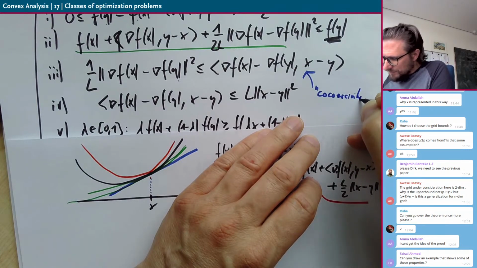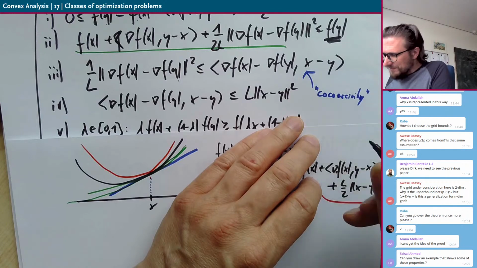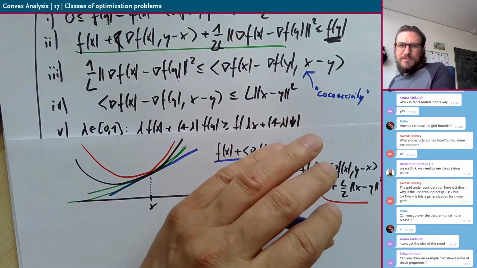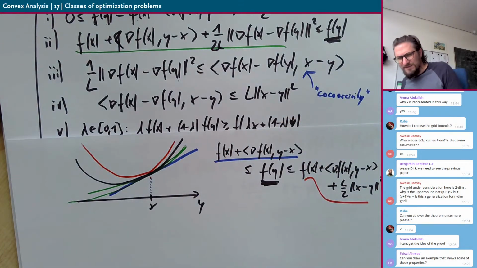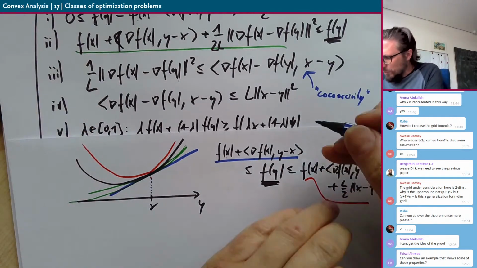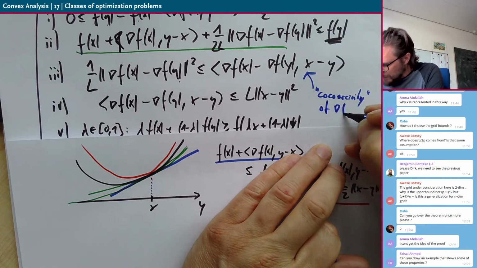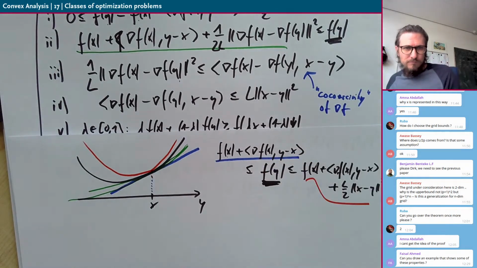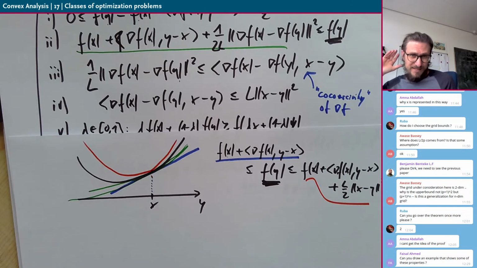So it's not related to coconuts, but for some reason coercivity is a word, so co-coercivity is kind of a dual word. I don't like this naming, but this is how it's called. This is called co-coercivity of the gradient map. We will need it in the later part of the lecture, but I think in lecture 23 or something, where this short course here is done already.